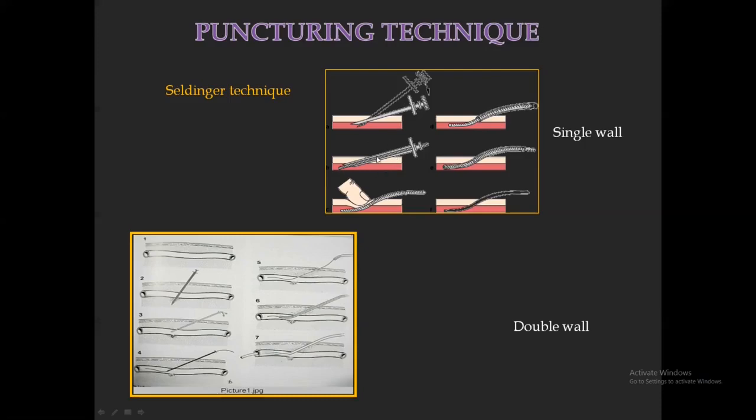In single wall puncture, we puncture only the anterior wall of the artery and insert the wire. In double wall puncture, usually done with a venous cannula, we puncture across the artery and then slowly withdraw the cannula. When it is inside the artery, a blood jet will come. At that time, we insert a wire and then the sheath. This is called the double wall puncture technique, and this is single wall puncture. The double wall puncture technique is safer in angiograms.